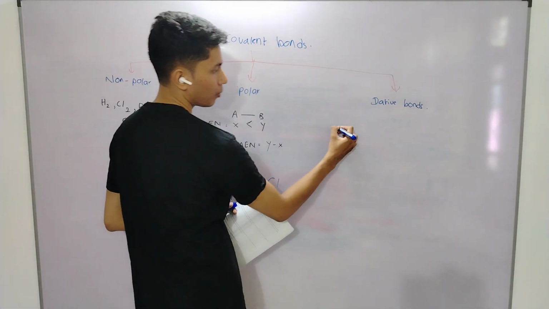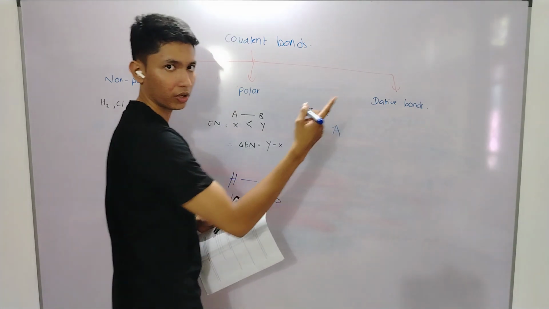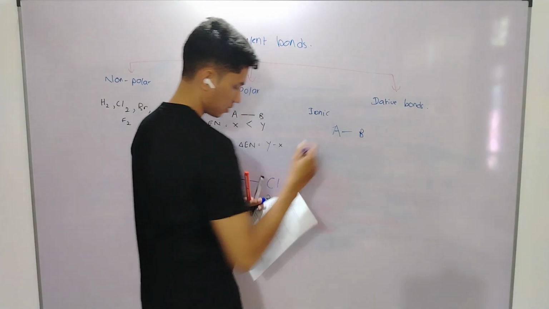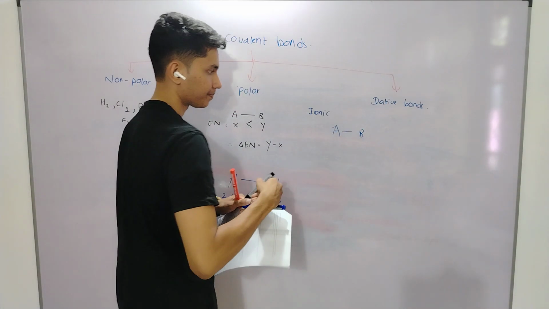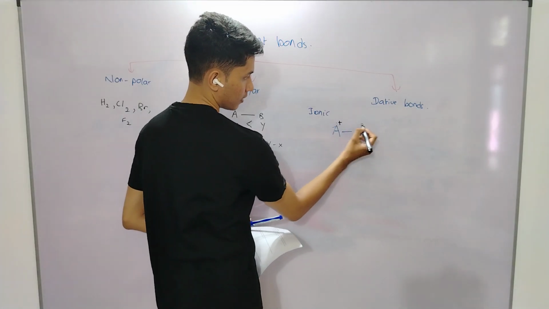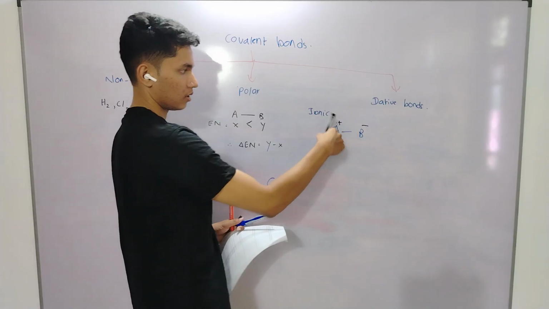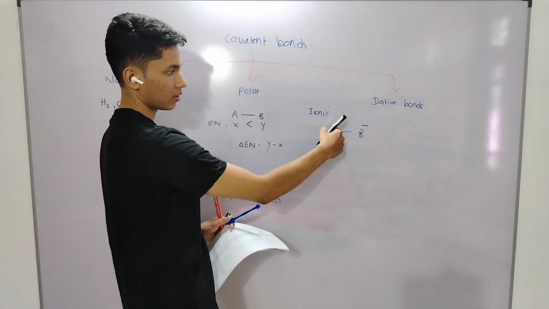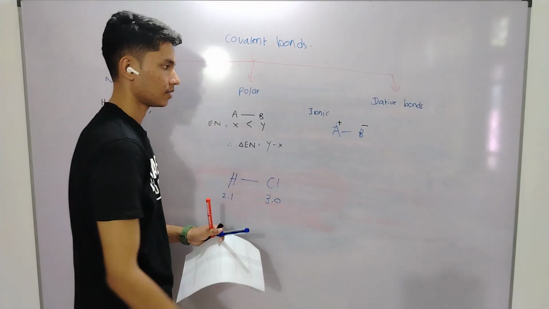Now, how is an ionic bond shown? An ionic bond is shown with plus and minus. The one who donates the electron is plus, and the one who accepts the electron is minus.